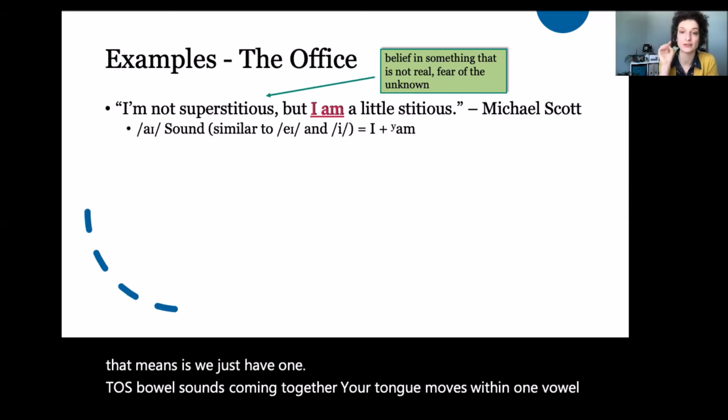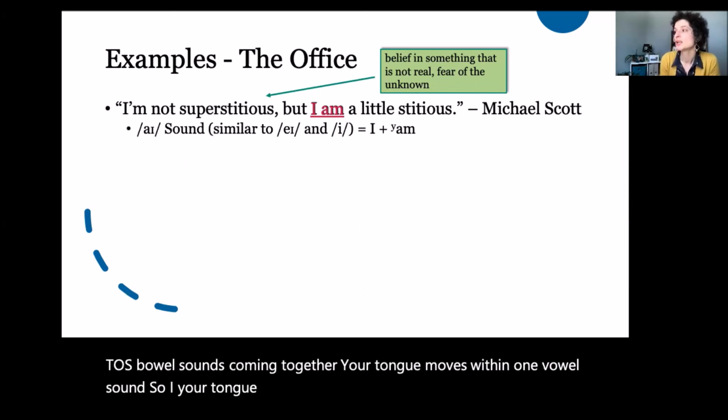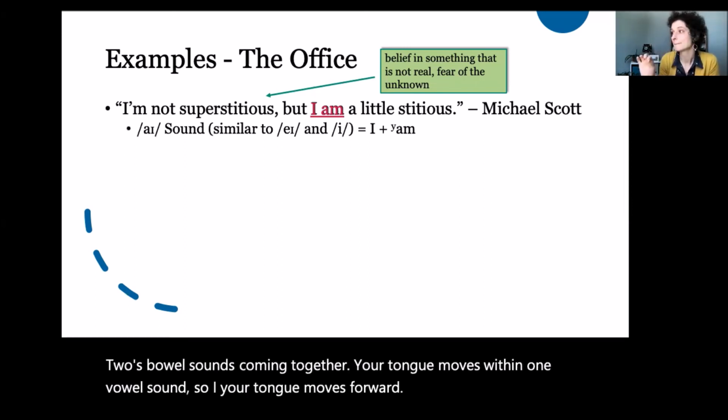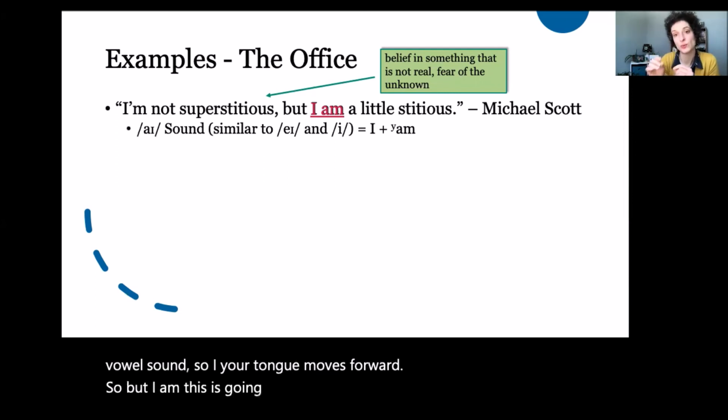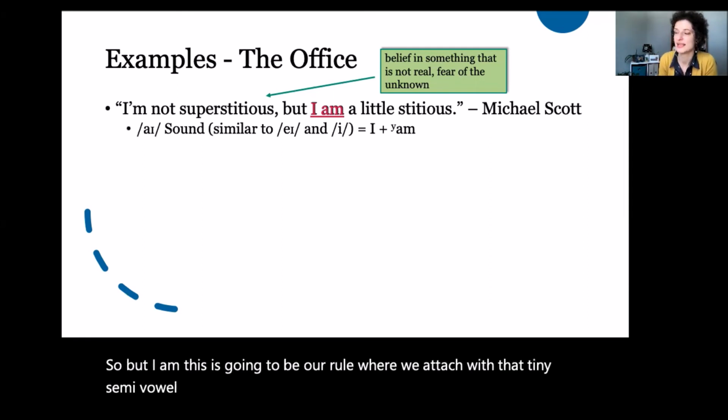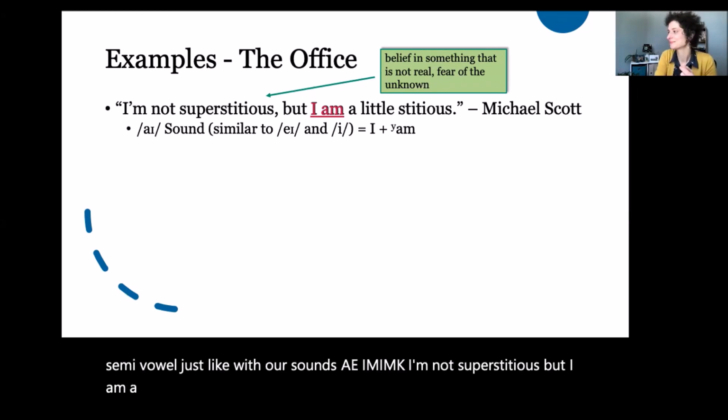So your tongue moves forward. This is going to be our rule where we attach with that tiny semi-vowel, just like with our sounds A and E. I am. Okay? I'm not superstitious, but I am a little stitious.